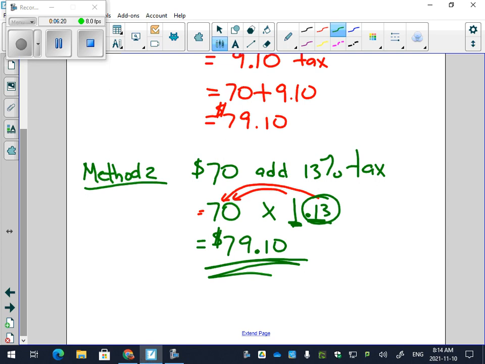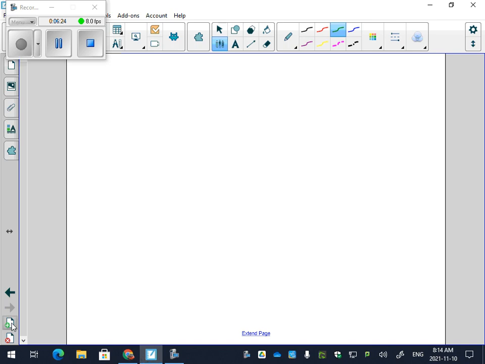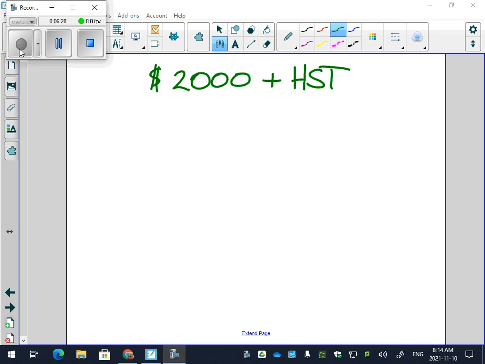So we'll try one more, and then we can get practicing today. All right, let's assume we bought an expensive musical instrument for $2,000. You're going to have to pay HST on it. There are two methods. You will choose, after some practice, which one you'd like to do best. The first is to calculate the tax and then add it in.